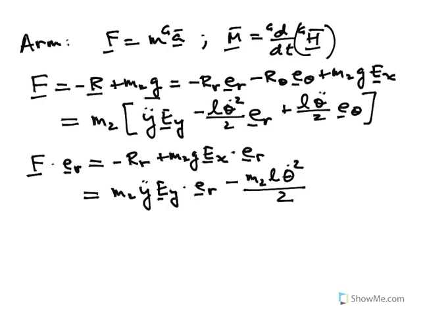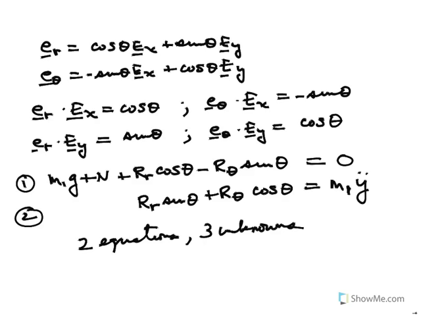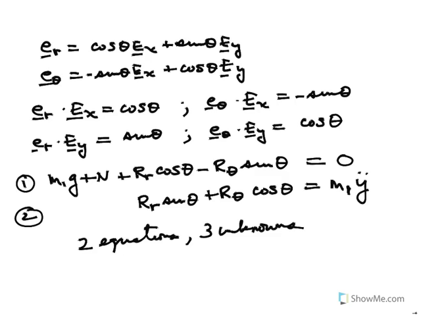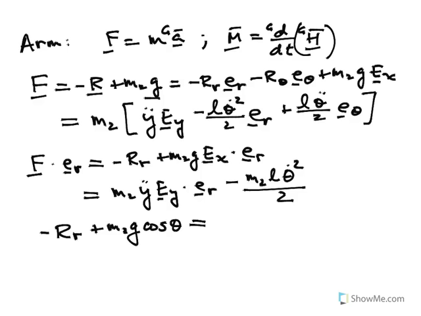Now we can do e_x dotted with e_r, and if we go back over here, we can see that e_r dotted with e_x gives us cosine of theta. So then the third equation that we get is minus R sub r plus m2g times the cosine of theta equals, and then we have e_y dotted with e_r, which gives us sine of theta, so we get m2 y double dot times the sine of theta minus m2 l theta dot squared over 2. So that gives us an expression for R sub r.